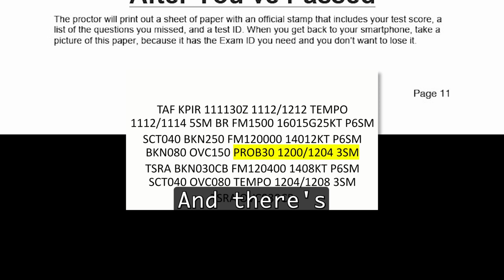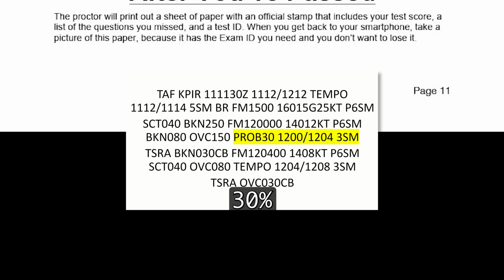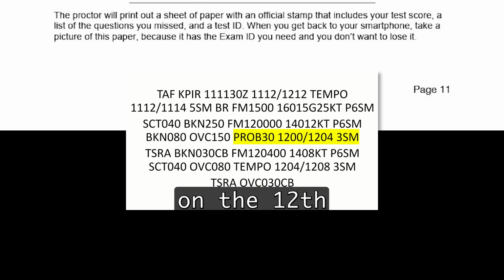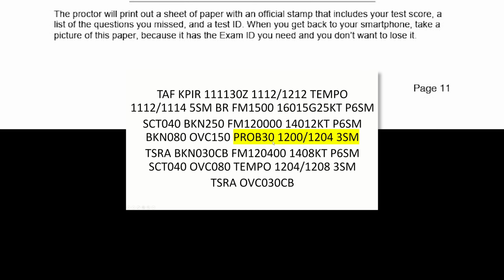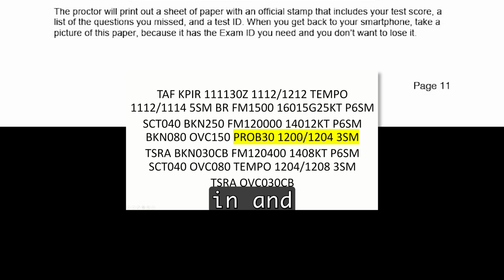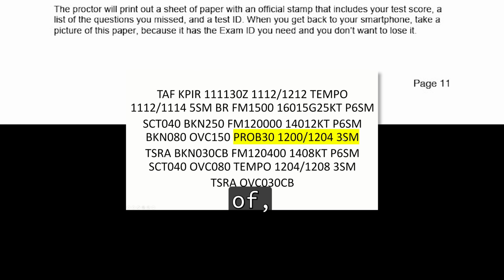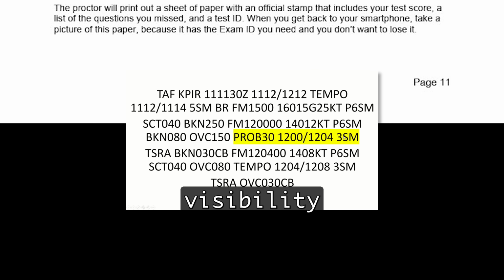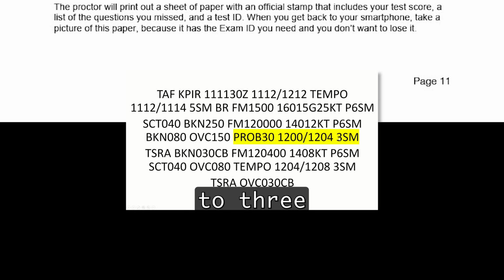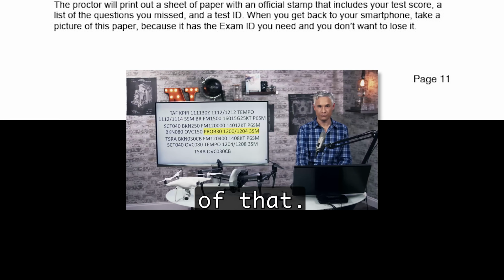And there's a 30% probability, PROB30, on the 12th day of the month. This is a time period with a slash in it, from 0, which is midnight, to 4 a.m., of visibility dropping to 3 statute miles. 30% probability of that.